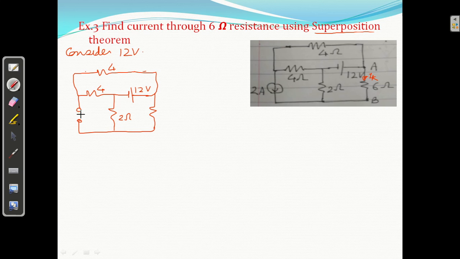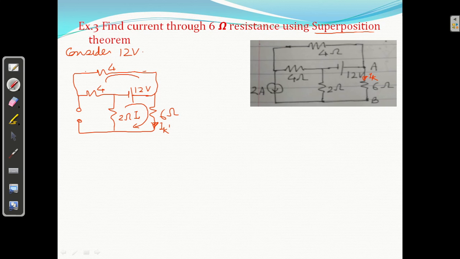It is replaced by opening it, right? So 4, 4, 2, 12 volt, and this is 6 ohm, and this current, most probably current will be like this. Let us say IK dash. Consider one source, find current IK dash. How many loops are there? We have 2 loops only. Okay, this is loop 1, say I1.